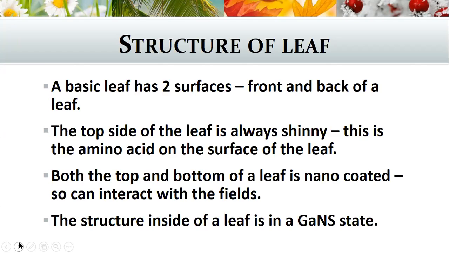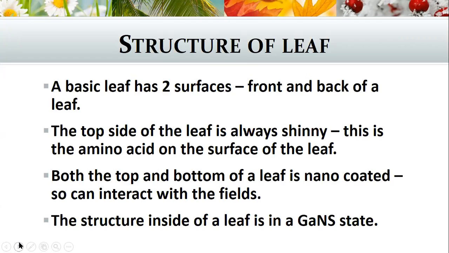Even when you look at the stem part of some plants, you will see tiny little hairs on the stems, and all those hairs are contact points with the interaction of the fields. So just like our whole skin is nano-coated and interacting with the fields around us, so the plant as well, from the leaf to the stems to the trunk, every part of the plant is interacting with the fields.